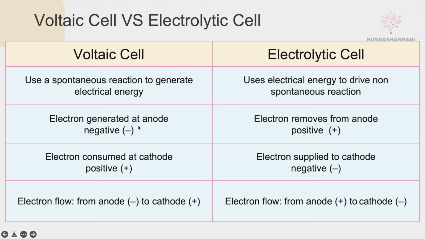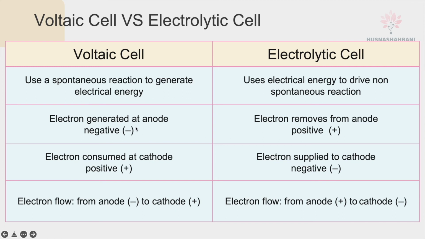Electron is generated, means electron is released at the anode. In voltaic cell, electron is released at the anode. Voltaic cell, electrolytic cell, electron is removed from the anode. Same, both are the source of electron, but the charges are different.